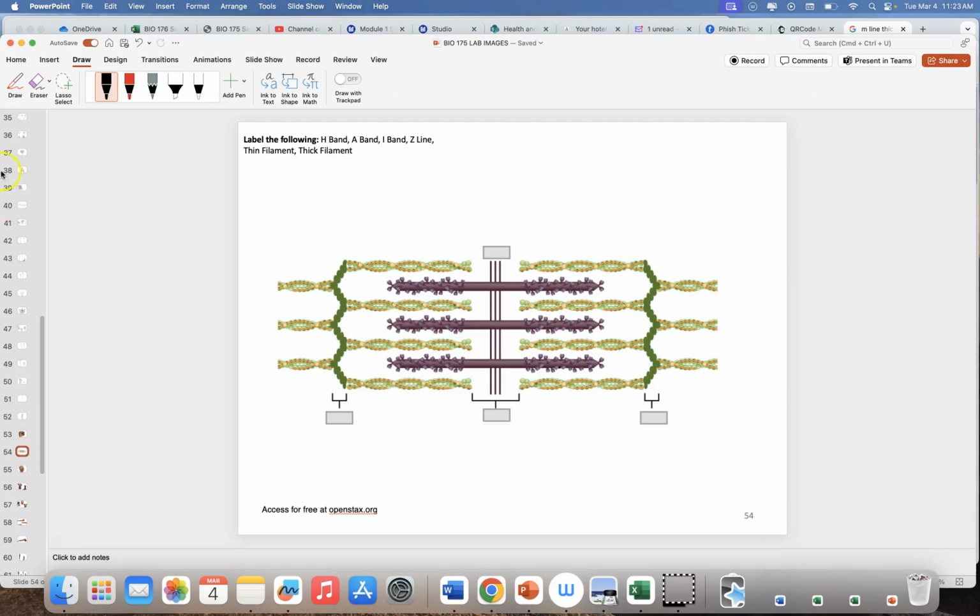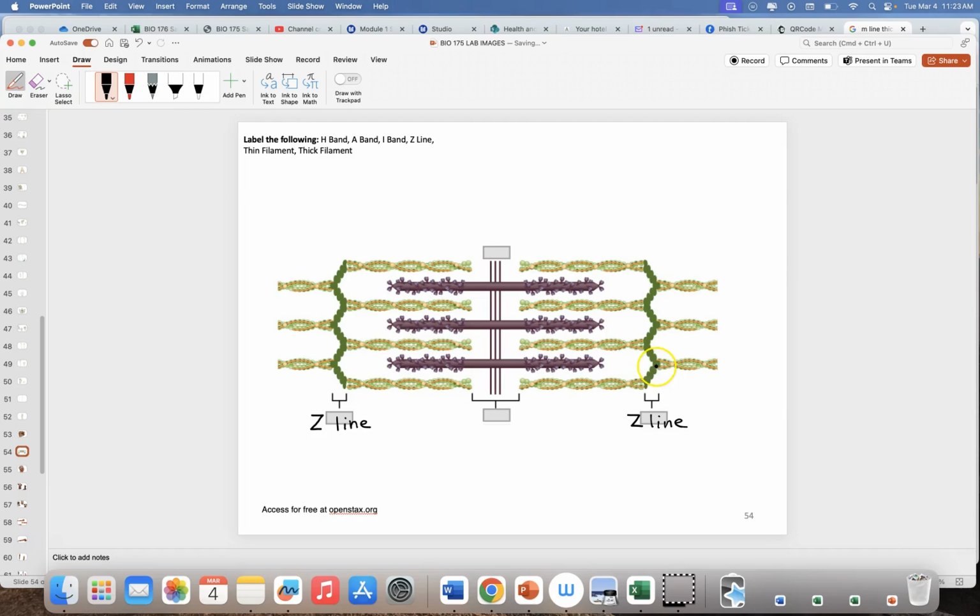I'm going to go ahead and start with the edges here, these zigzag lines, and I like to refer to them as zigzag lines because then it helps me to connect that each of these are going to be the Z line.